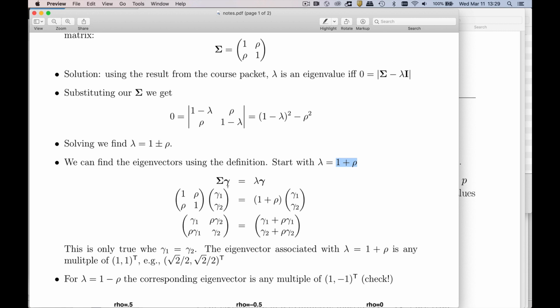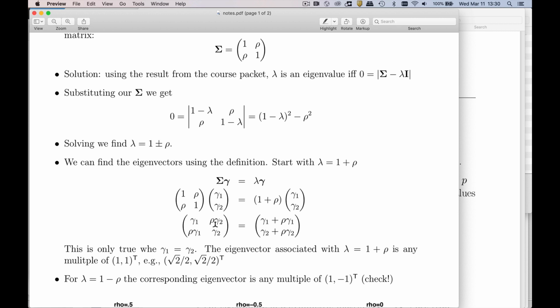So let's use this definition. If we let gamma equal the vector of two scalars, gamma 1, gamma 2, and take sigma times gamma, we get 1 plus rho, my eigenvalue, times that vector, and I'm going to multiply it out.